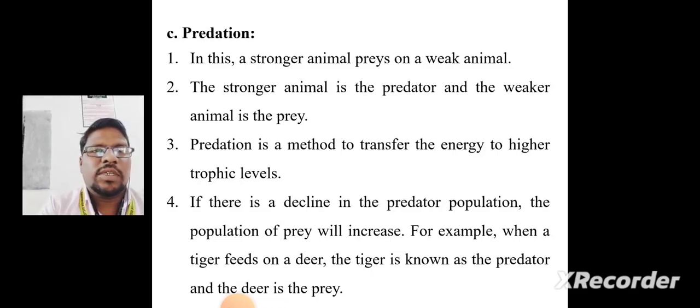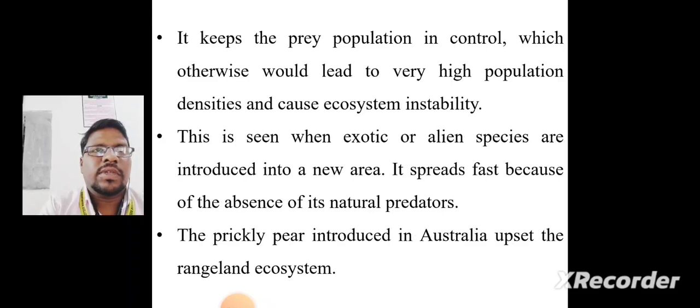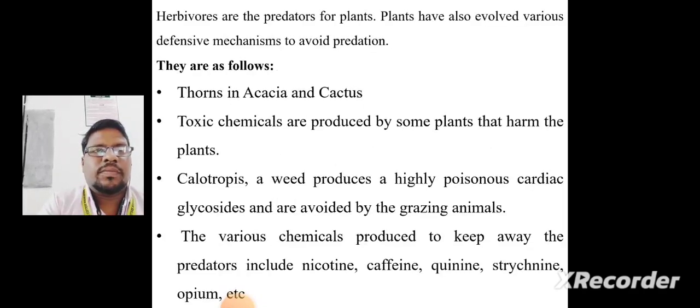For example, when a tiger feeds on a deer, the tiger is known as the predator, the deer is the prey. Thus predators keep the prey population in control, which otherwise would lead to very high population densities and cause ecosystem instability. And this is so when exotic and alien species are introduced into a new area.